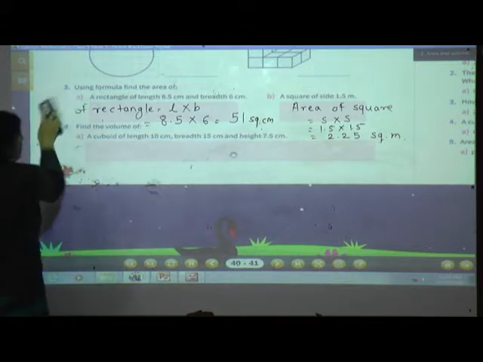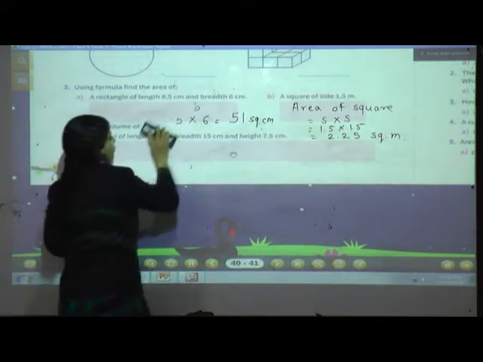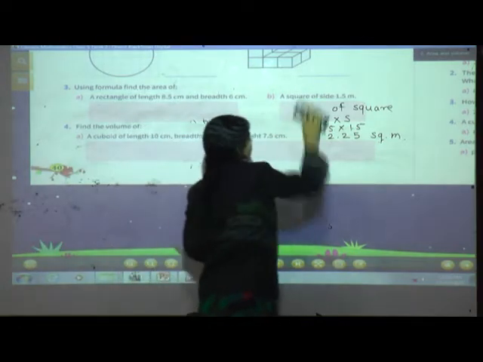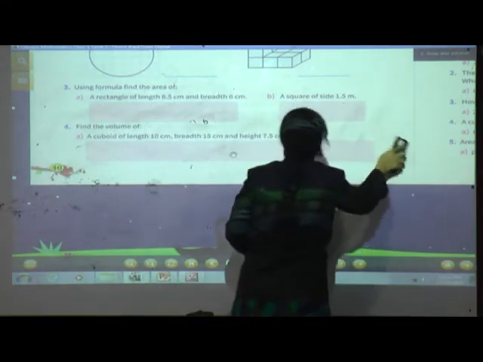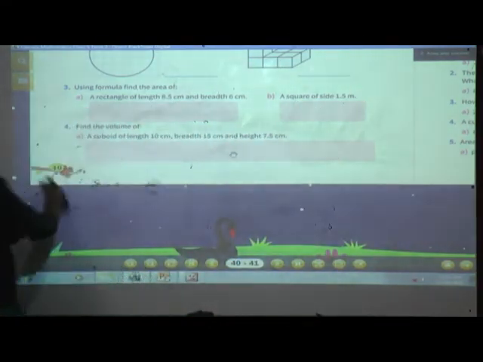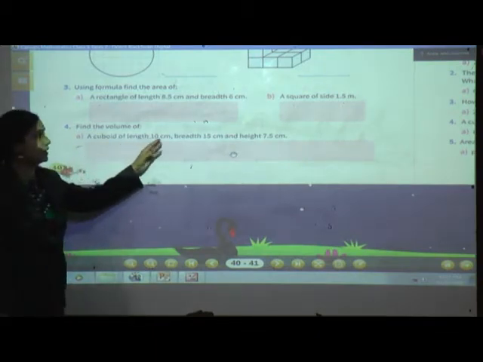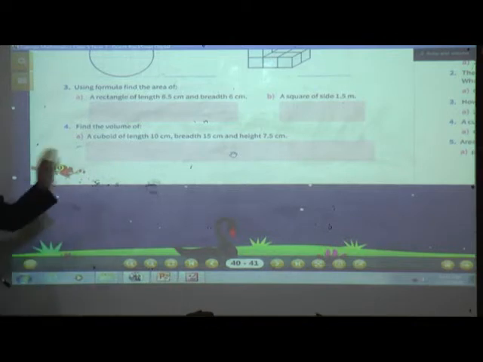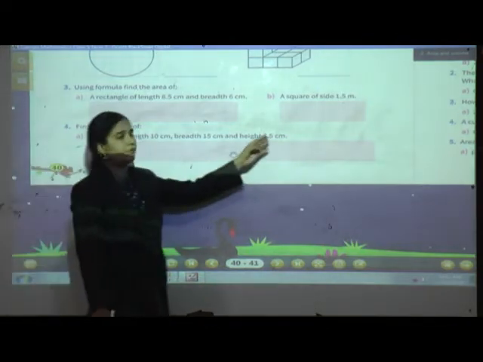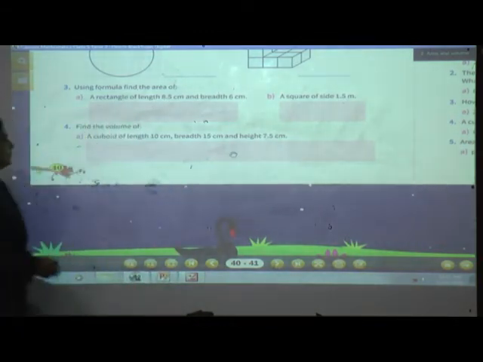Now fourth question. Here, find the volume of. Read the question carefully. Now we have to find the volume. A cuboid of length 10 centimeter and breadth 15 centimeter and height 7.5 centimeter. Okay. Now the formula of a cuboid.